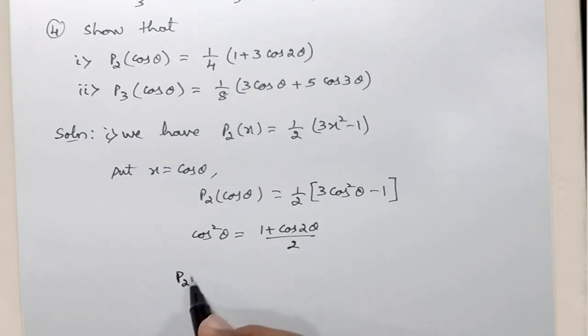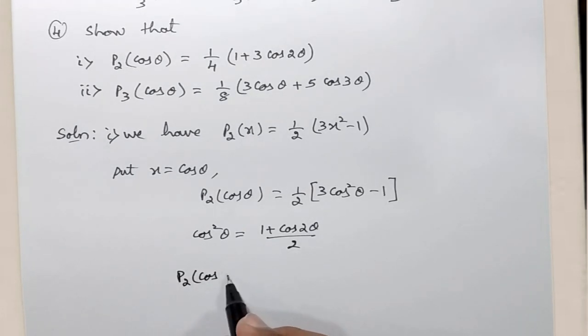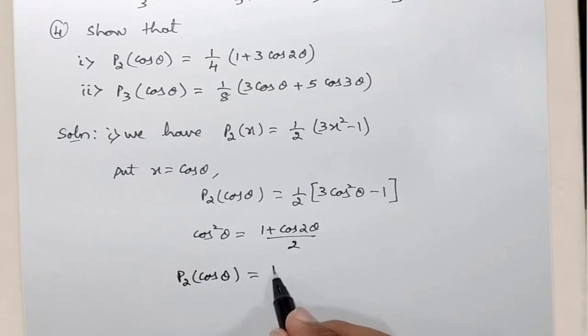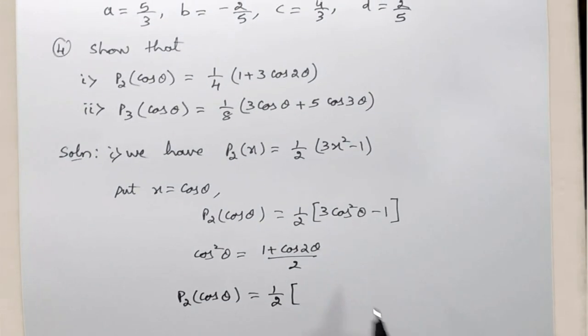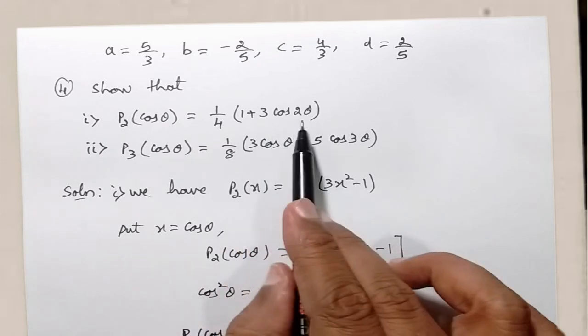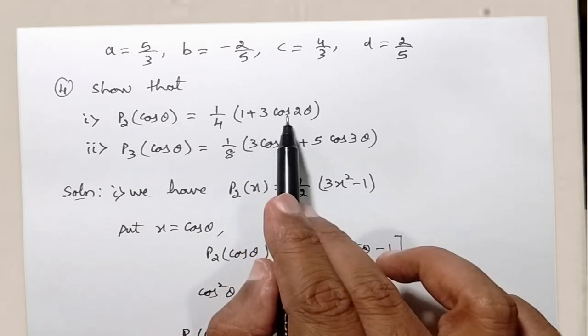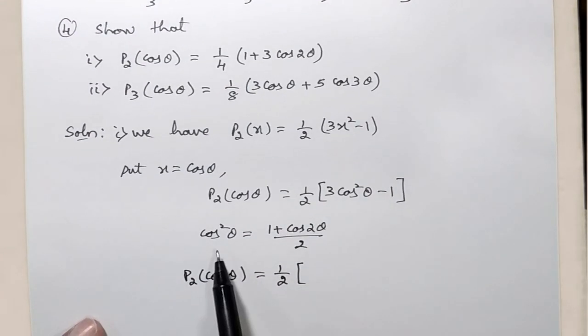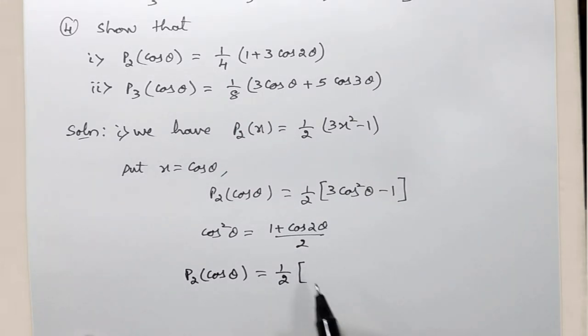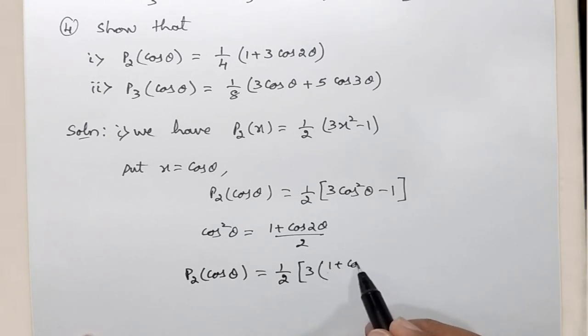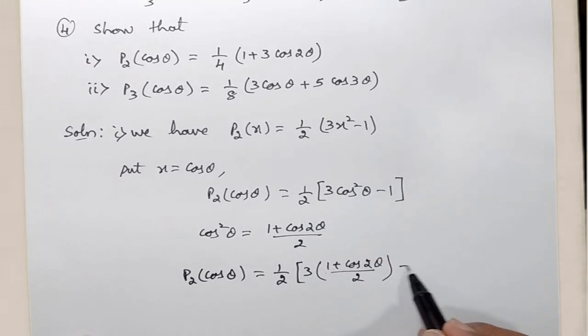So I'll try to use that formula here. So we have P2 of cos theta will be equals to 1 by 2 times of, because in the solution square term is not there for cos. So therefore you have to eliminate that cos square and write down in this form. So we'll be getting 1 by 2 times of 3 into this cos square theta is what? 1 plus cos 2 theta by 2 minus of this 1.